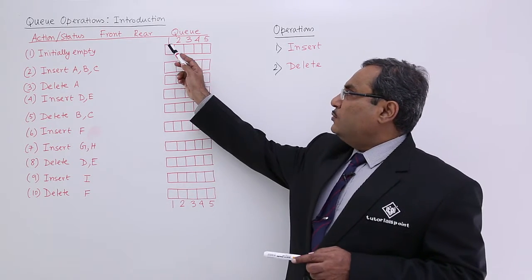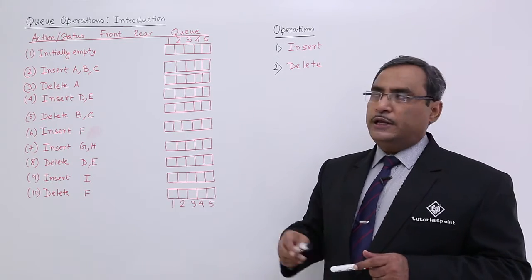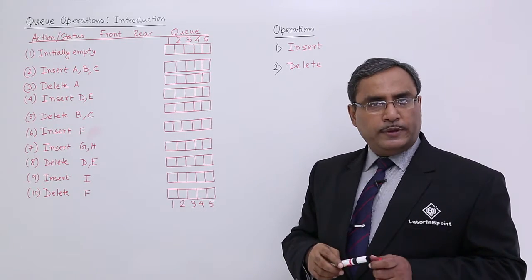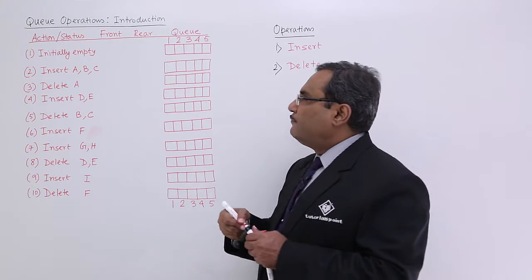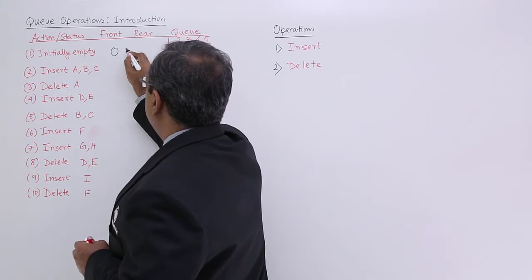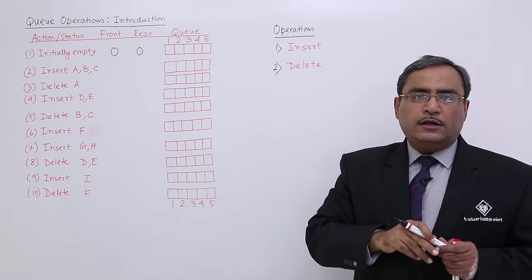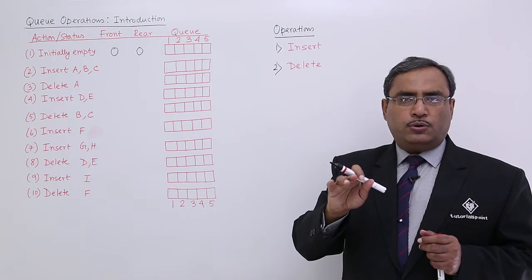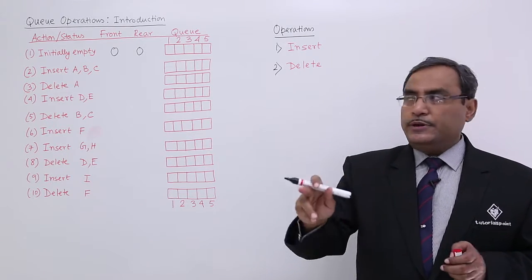Now let us consider the array implementation of the queue. This is an array having 5 locations, and initially the queue is empty, so the array is also empty. When the queue is empty, front and rear are equal to 0, because 0 is not a valid subscript. So front equal to 0 and rear equal to 0 indicates the queue is empty.